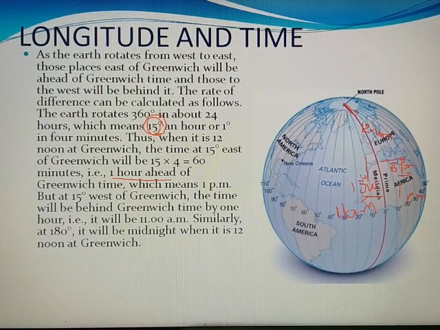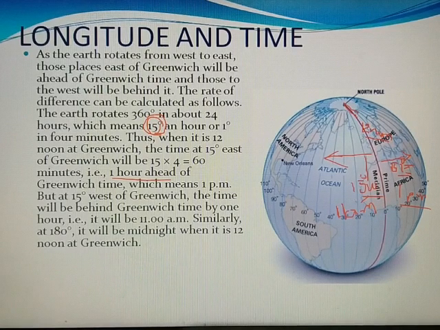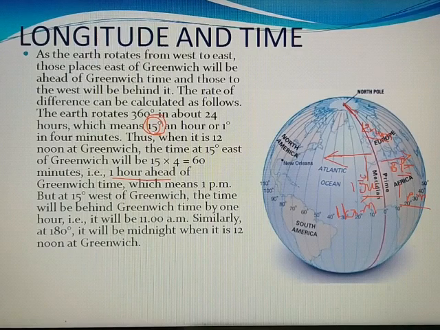That means the eastern side has the advance in time, and the western side is going to be late. Suppose Greenwich is 12 noon, then 15 degrees east will have 1 p.m., meaning they are 1 hour more advanced. And at 15 degrees west there will be 11 a.m. So a 1 hour difference will be there for every 15 degrees.